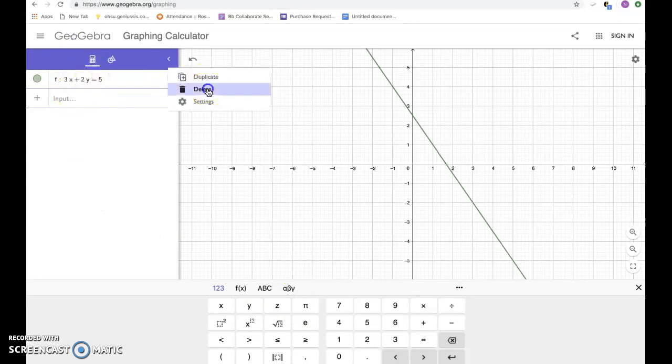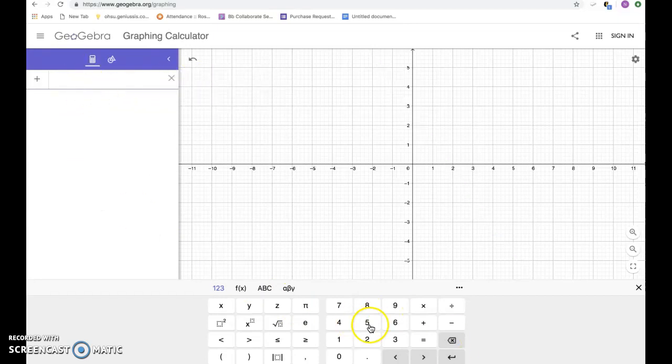So maybe you needed to know 5 divided by 3, so this fraction, divided by this fraction, 6/9. And you can see it's already kind of giving me the answer as I go, but I can see the answer also as a decimal by clicking on this approximate. So it will give me both.